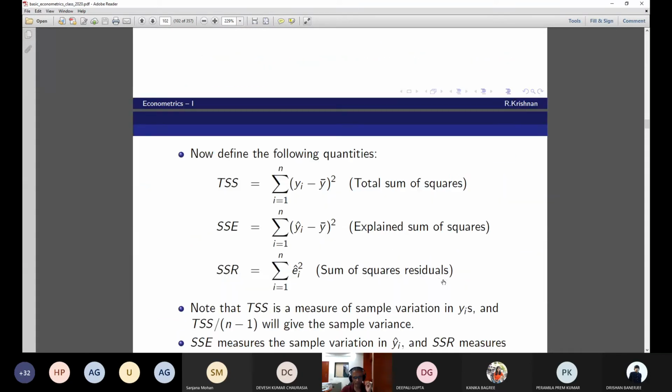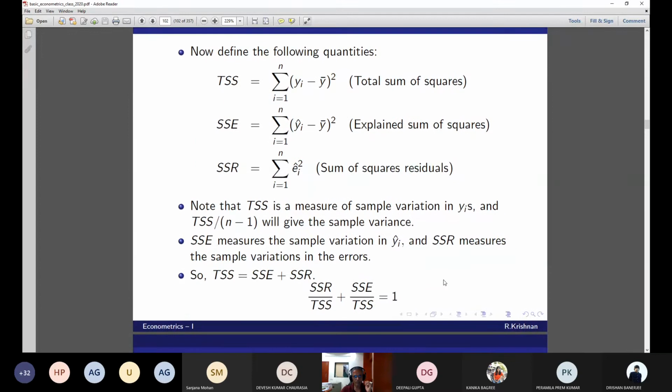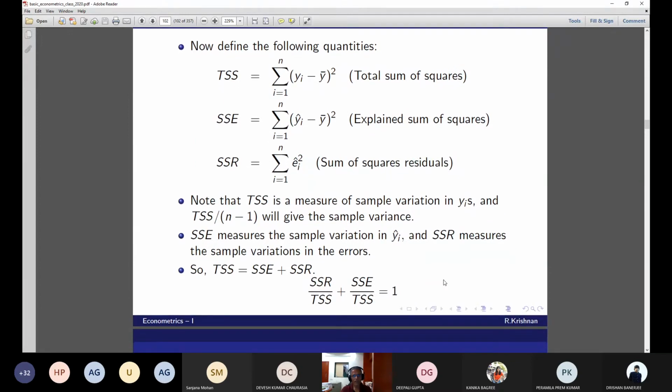Define the following quantities now. Total sum of squares, explained sum of squares. I have defined it in a slightly different way from the books. Total sum of squares is this. Explained sum of squares is this. Error sum of squares, the sum of squares of residuals.